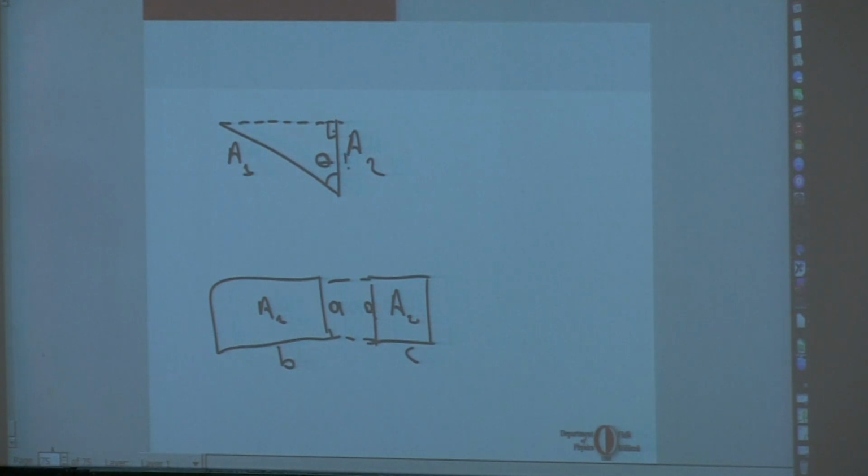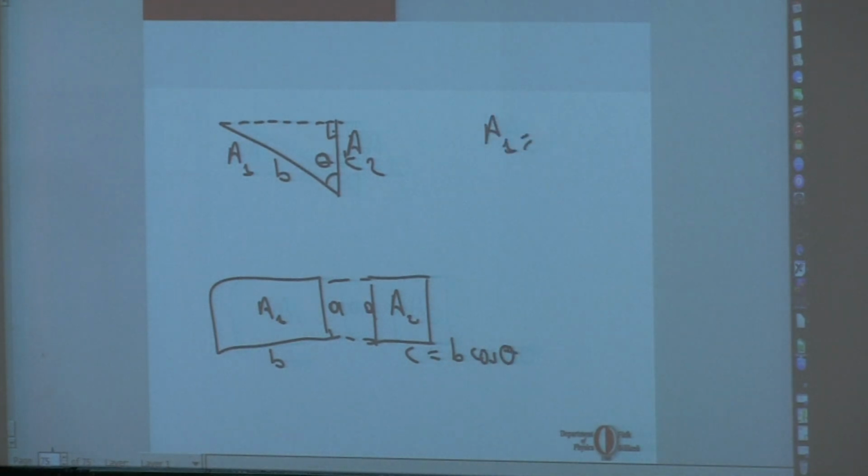On the upper shape, this is length B, and this is our length C. And just from that triangle, you see, sorry, this is B, this is C. C is B times cosine theta.